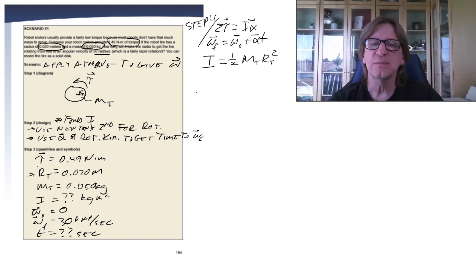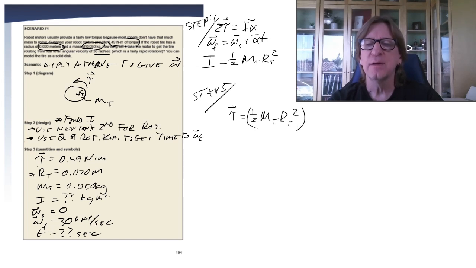All right, so let's go to step 5. I only have one torque in the problem. So my torque, which is a vector, is equal to 1/2 m_t r_t squared times alpha. It's alpha that I want, so let's solve this for alpha.